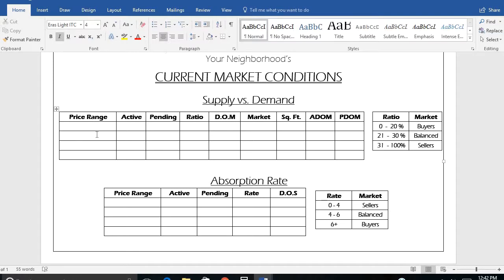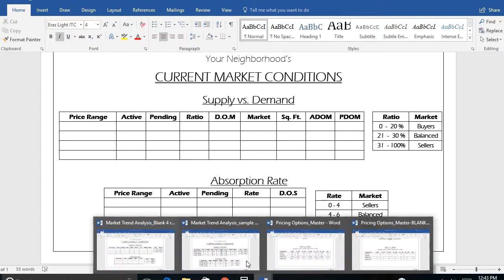So if the price point of the subject property, whether that's an open house or a listing presentation, is about $250,000, I want to show some price ranges below that and above that to show contrast, right? The purpose of what we're doing is to tell a story of what the market is. Okay, so in this case, I'm probably going to use these same price points as the example.